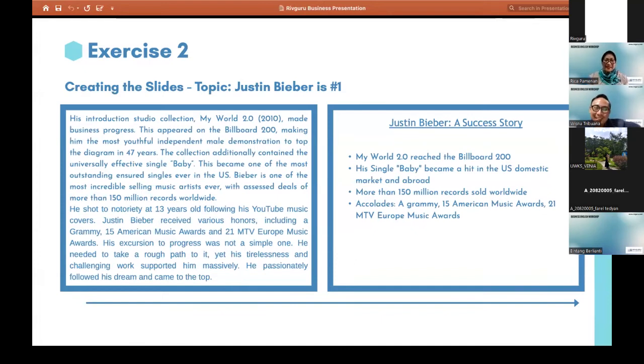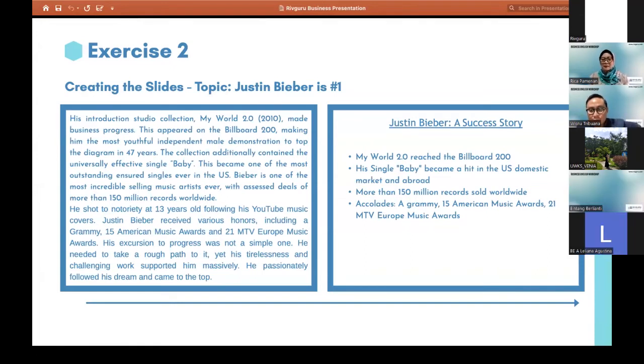Yeah, betul. Like I said before, just keep it simple, your points, and then you're going to elaborate on what your points mean, yeah? Of course, when you do a presentation, you're going to do a lot of research. So you have to know more than the audience concerning your topic, okay? That's the rule.